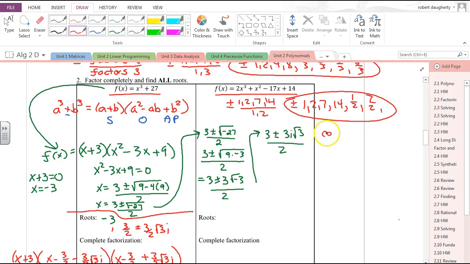So the coefficients add to 0. That means that x equals 1 is a root. So if I do synthetic division with a 1, then I've got 2, 1, minus 17, 14.